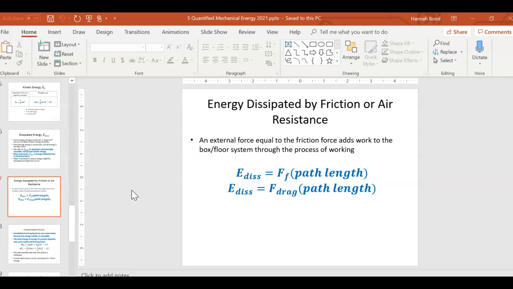So the dissipated energy equals the friction force times the path length. Similarly, if something is moving through air or some other liquid and a drag force is opposing it, the dissipated energy is equal to that drag force times the path length that it moves through that fluid.